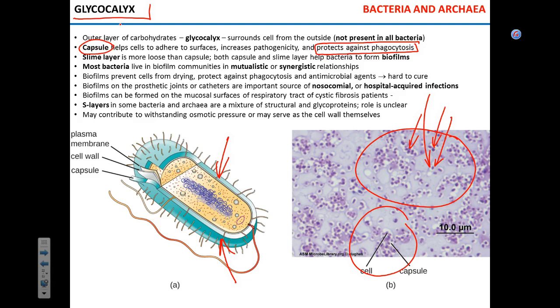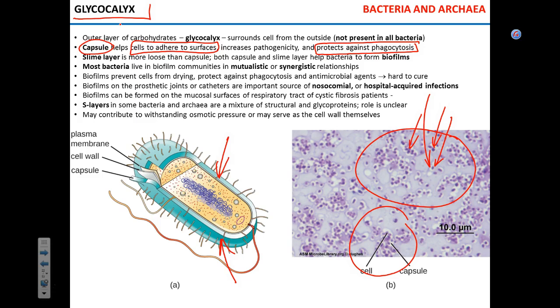Now, another important feature of capsule is its ability to increase adhesion to surfaces. It means that bacteria, once inside the body, have better chances to stick, say, to the surface of a gut, surface of a lung, or surface of the cardiac endothelium.